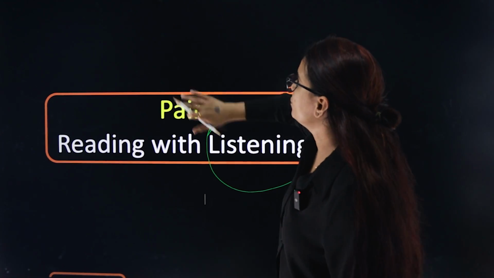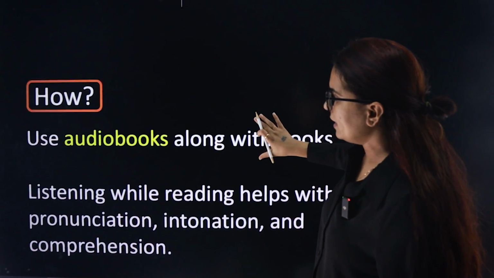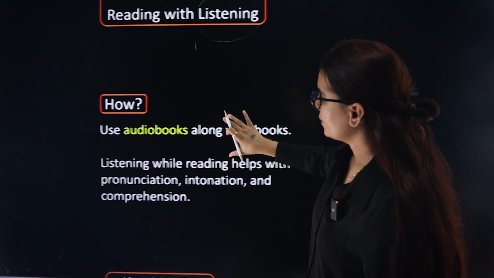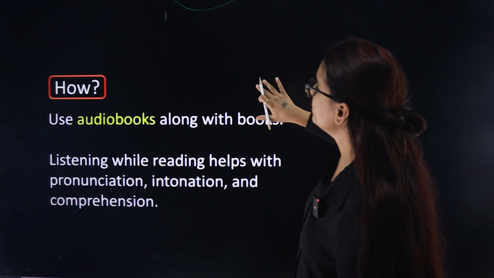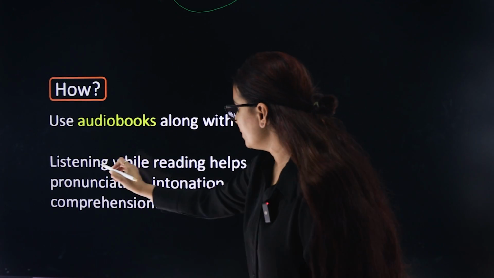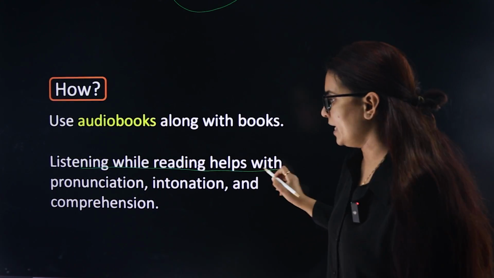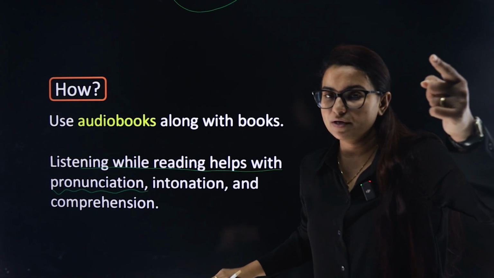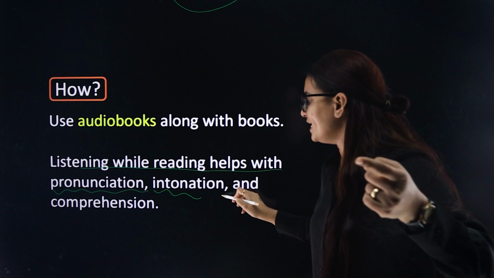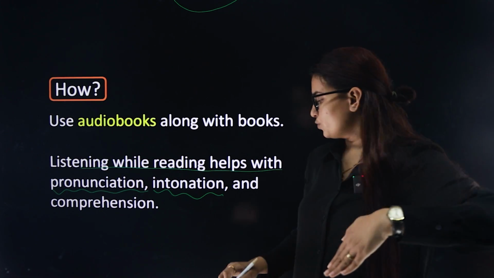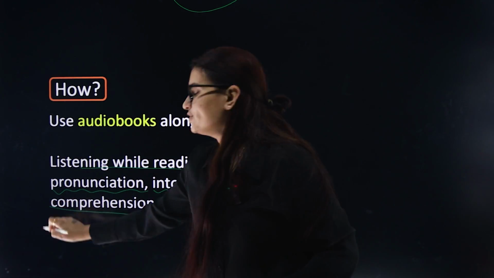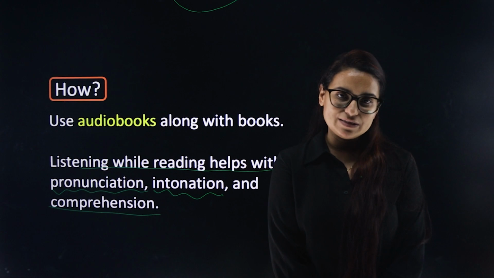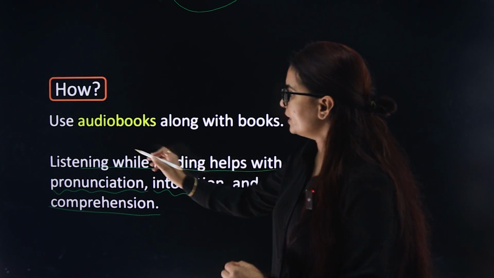What happens when you combine both of them? Listening while reading helps with pronunciation. I know how a certain word is pronounced. Intonation, the up and down in the voice, and comprehension. I understand things easily.